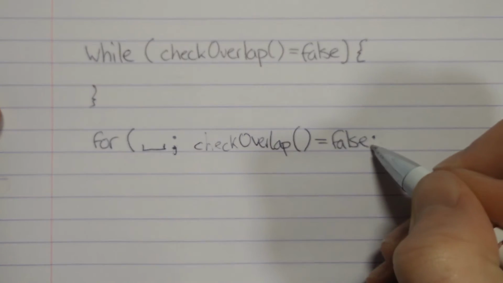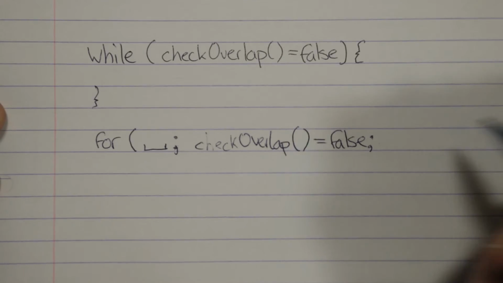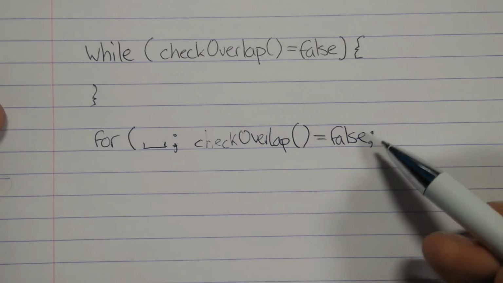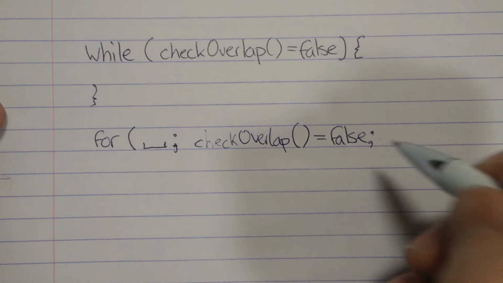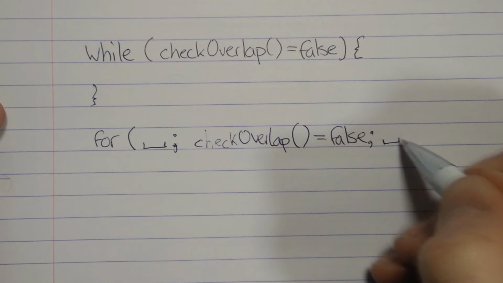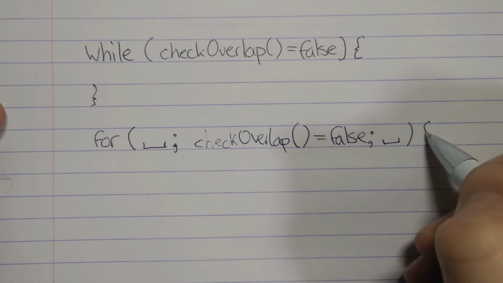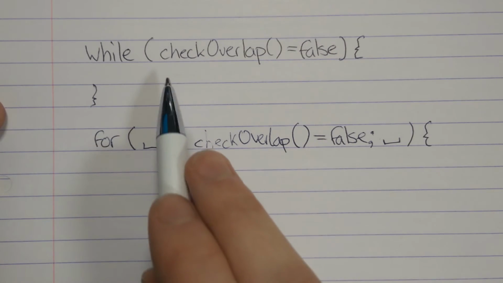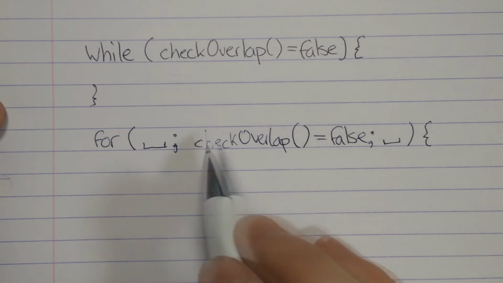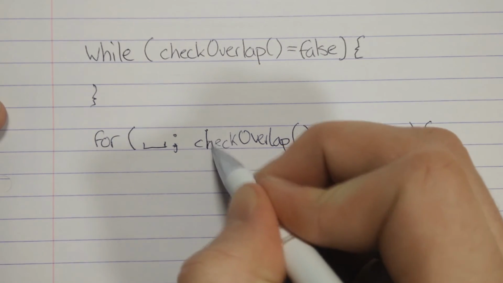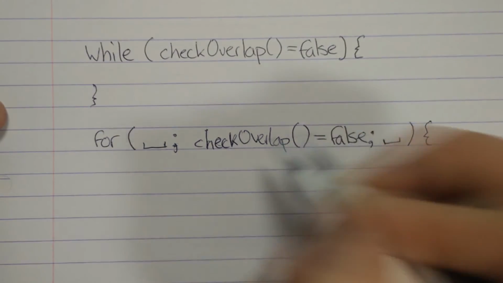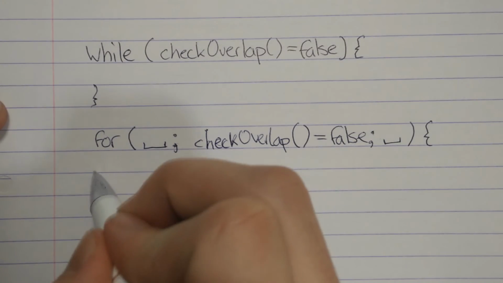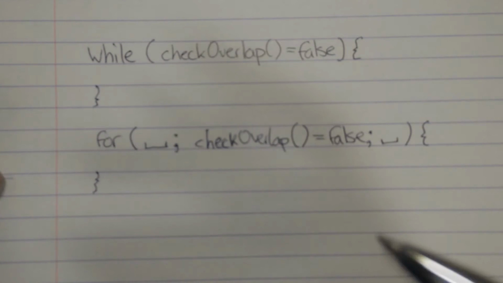And then here would be where you'd take the variable you made and perhaps iterate it by 1, but obviously we don't need to do that because we've not got a variable that we've created, so we can leave that blank once again. And then in here we just put the same as this, randomise the position, so all the time that check overlap is false, all the time it's not overlapping, we're going to randomise the position until it eventually is.